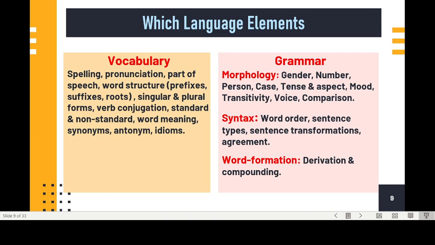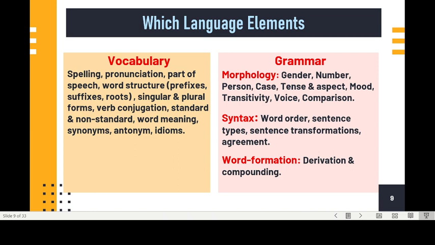Now, morphology includes gender, number means singular, plural, person, first person, second person, third person, case, objective and nominative case, tense, past, present, future, aspect means continuous, perfect, simple, mood means imperative, subjunctive, transitivity means transitive verbs, intransitive verbs, voice means passive voice, active voice, and comparison means comparative and superlative forms.